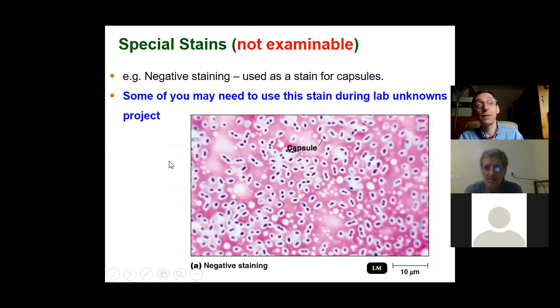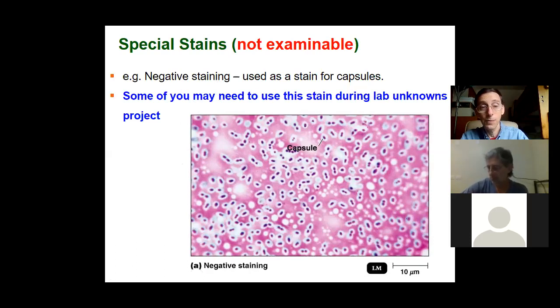All right, I want to briefly talk about special stains. I'm not going to examine you or quiz you on the special stains, but I want to talk about it because you will be doing an unknown project where you will be trying to identify an unknown bacteria, and you might want to use a special stain to help you identify it.